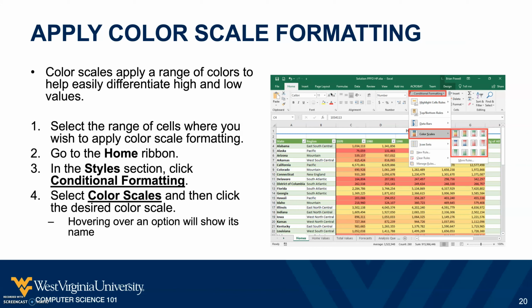Using color scale, you can assign low numbers to be green and high numbers to be red, and it's easy at a glance to figure out who has the low numbers and who has the high numbers. That's what this is for, and you see exactly here how to put that in.